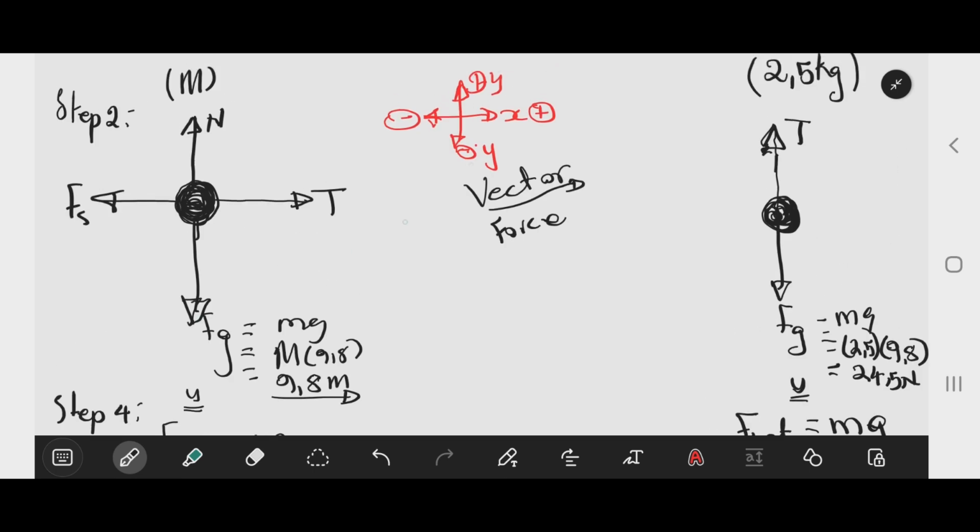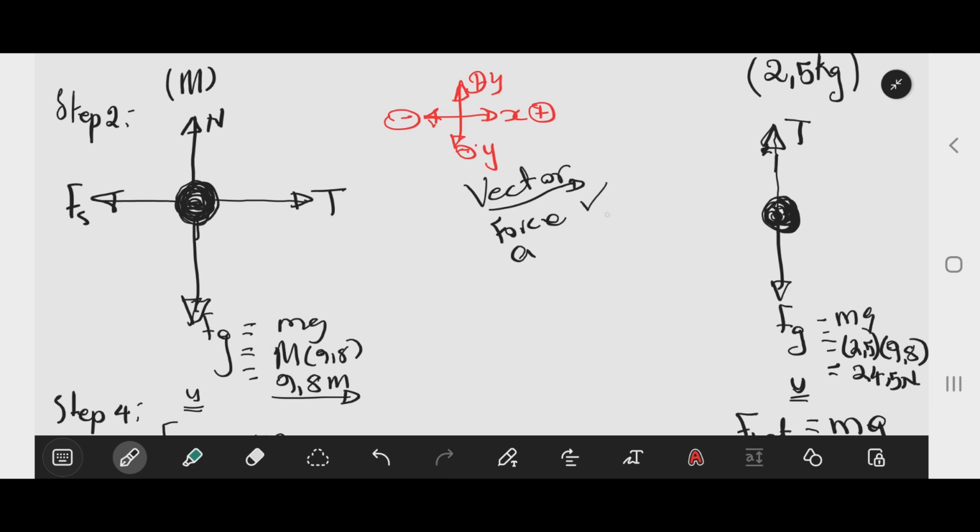And we said Fg is negative because it is pointing downwards, okay? So now another thing that is a vector, acceleration. Acceleration, you also have to include the direction in this case, right? But what about the mass? Mass of an object is a scalar quantity, so you don't have to include the system of axes when you substitute the mass, right?